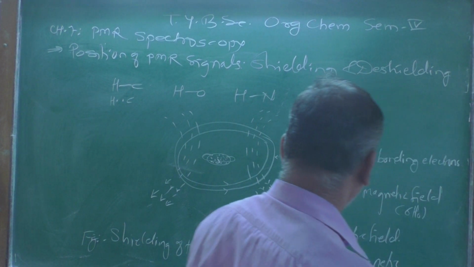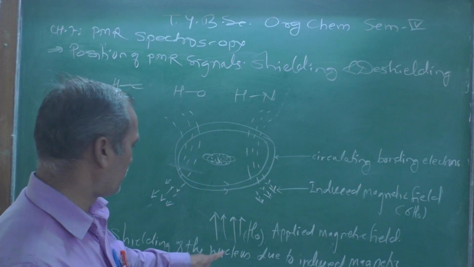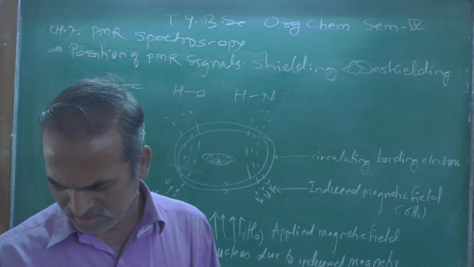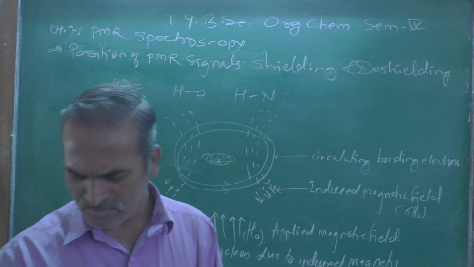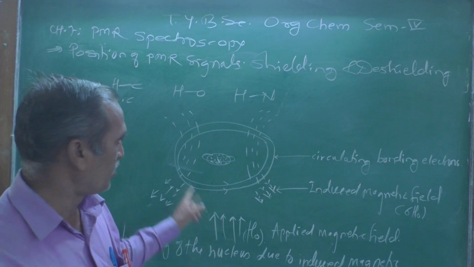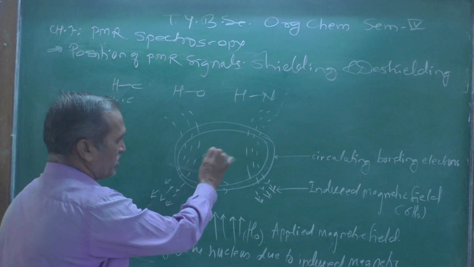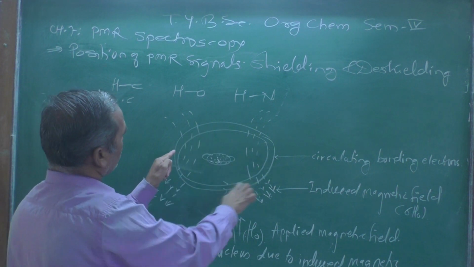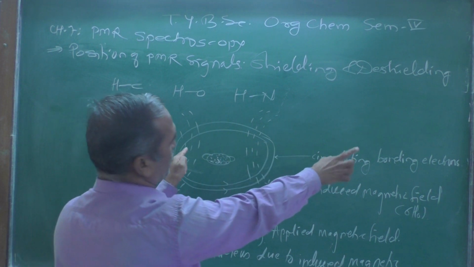Now look at this: it is a spinning nucleus of the proton, and around it circulate the bonding electrons.